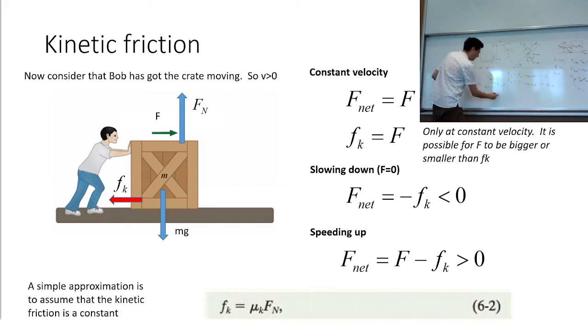The first one was equal to static friction. This one I'm going to distinguish as kinetic friction. So of course F must be equal to Fk. Now that almost looks like Fk is equal to Fs, right? Is that true?